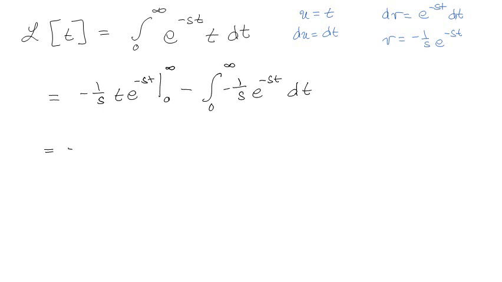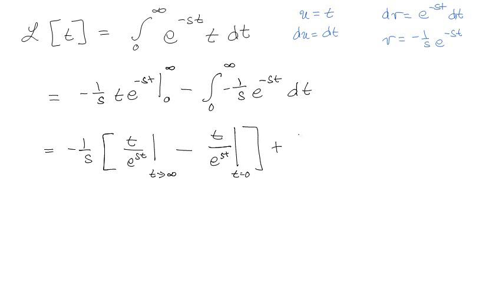So I've got negative 1 over s times, I'm going to do that thingy again, t over e to the st evaluated as t goes to infinity, minus t over e to the st when t equals 0, and then plus 1 over s, integral e to the minus st dt, just like that.